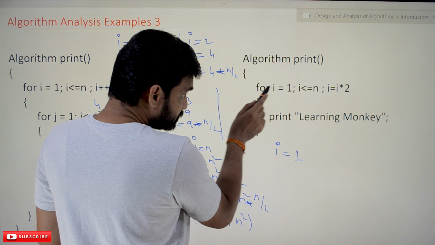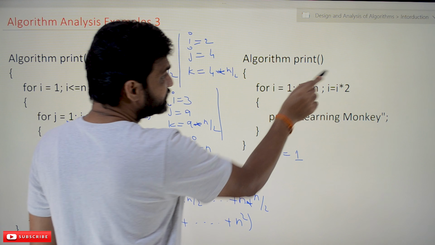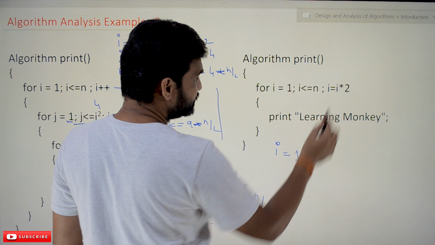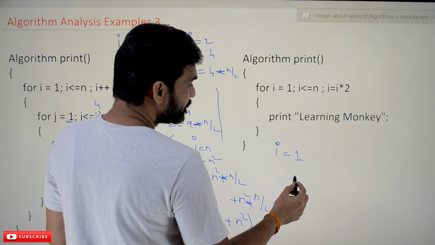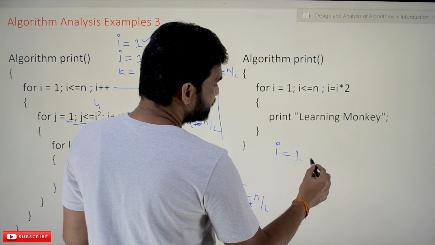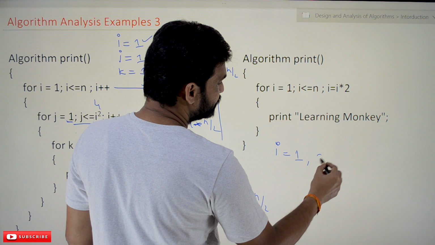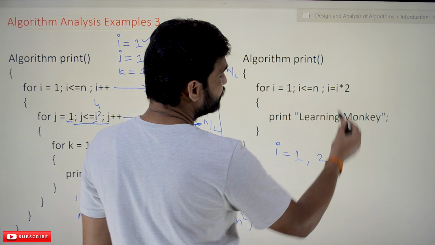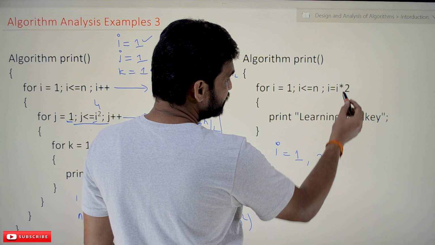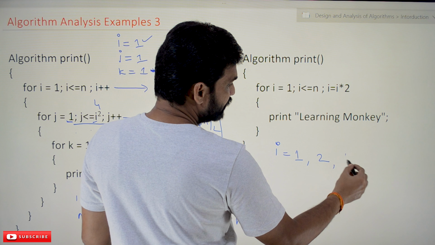In the next iteration, what is the value of i? From 1 it is going to be 2. And next the value of i is 2 into 2, which is 4.